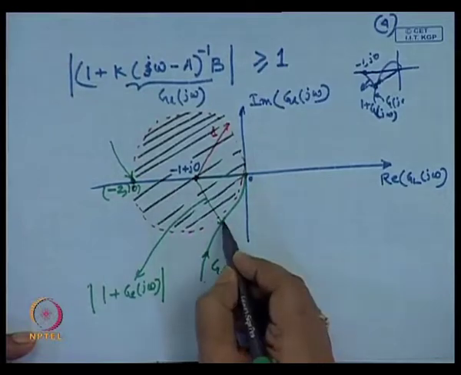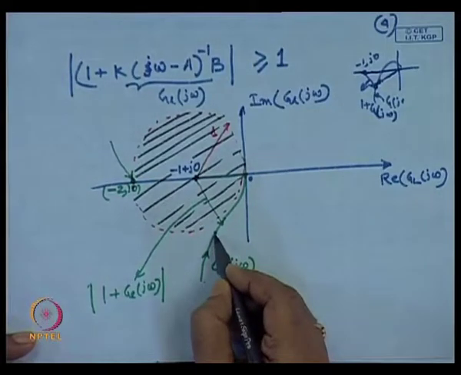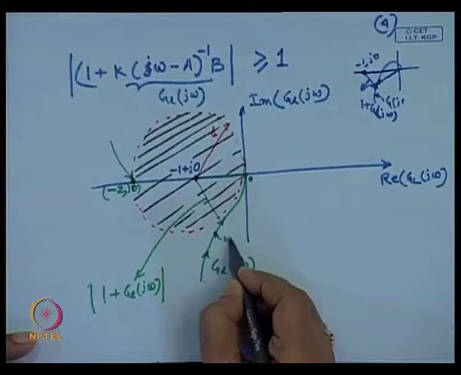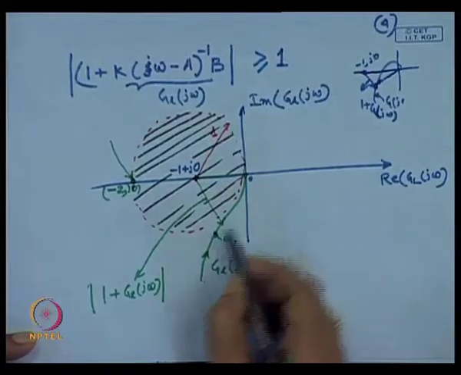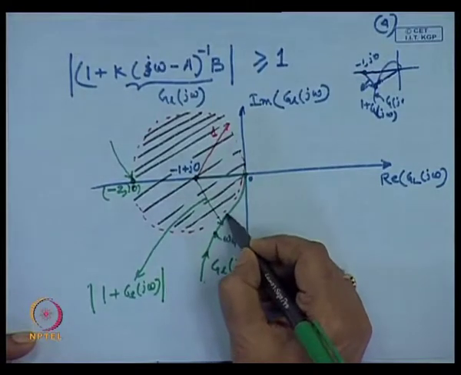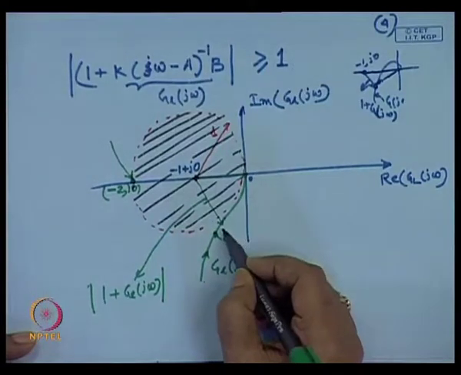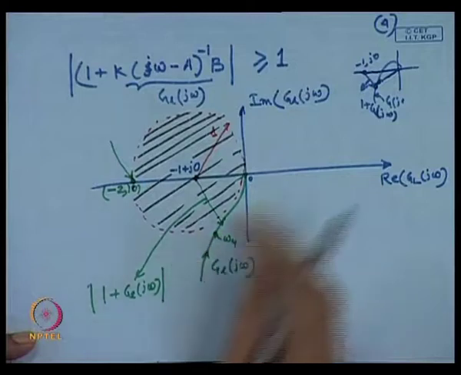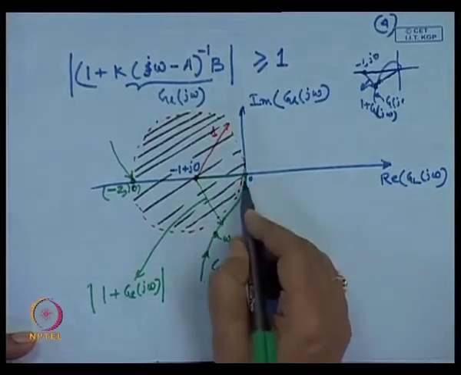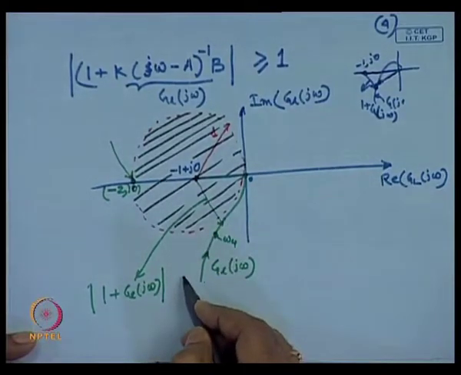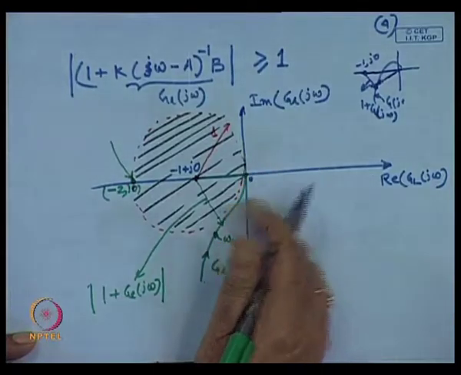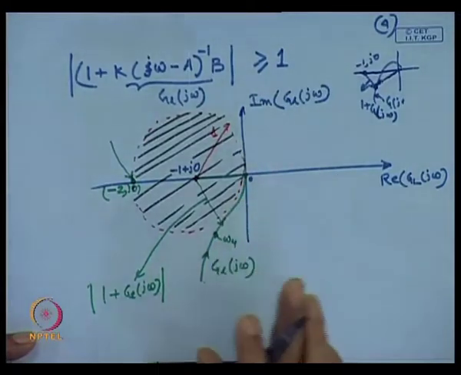Suppose at this frequency, let us call it omega equal to 4, this is the magnitude, and this is the angle associated with it. If you increase the gain twice, its magnitude only increases by twice, but the phase angle will remain the same. Okay.